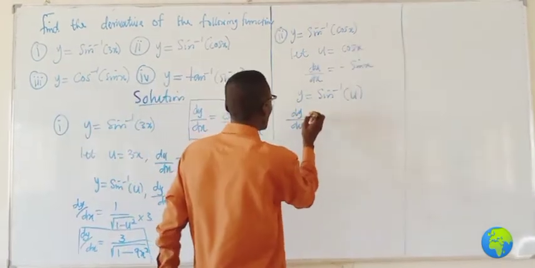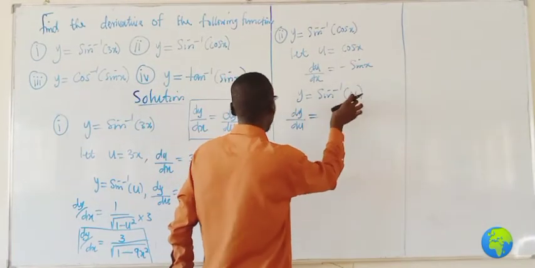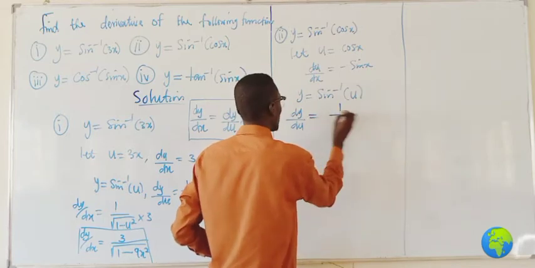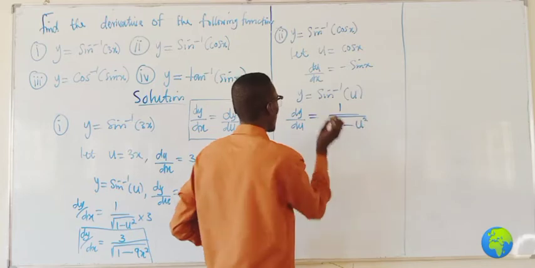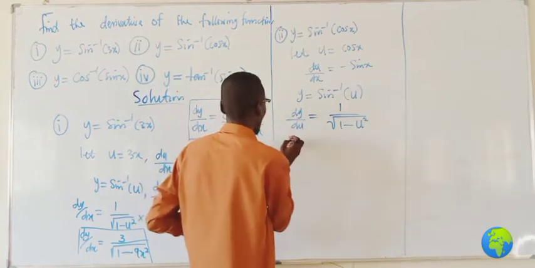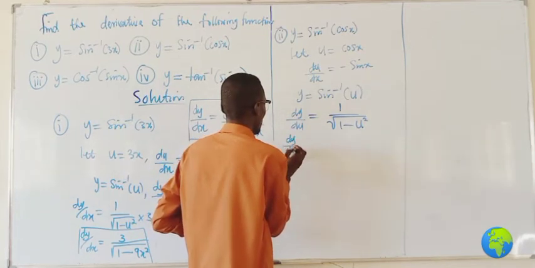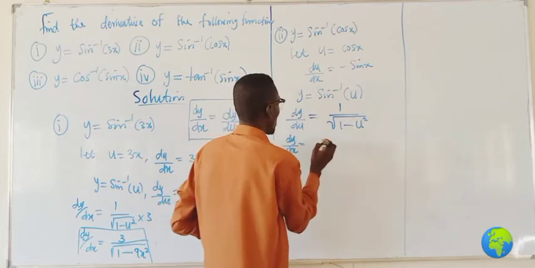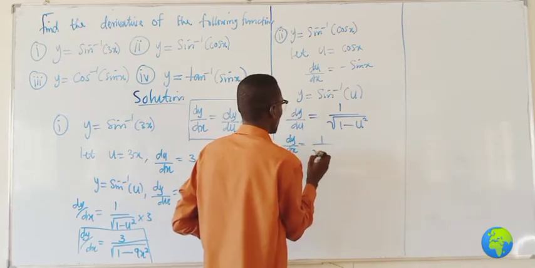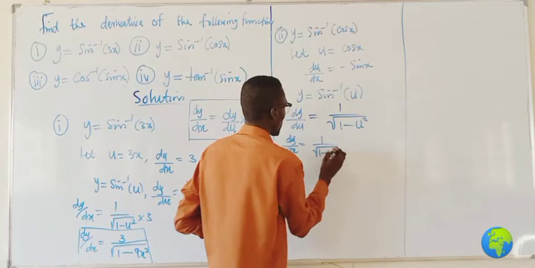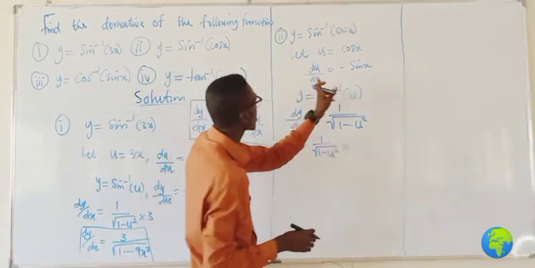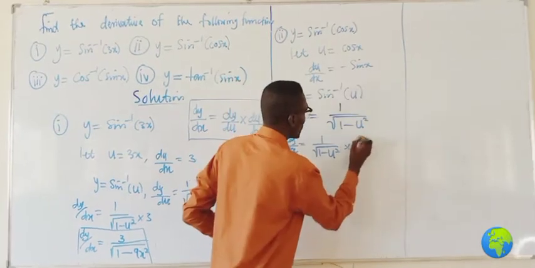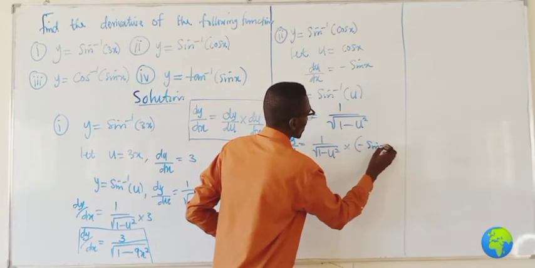So dy/du is the derivative of sine inverse of u, which we said was 1 over square root of 1 minus u squared. So I'm putting this in the formula. dy/dx equals dy/du, which is 1 over square root of 1 minus u squared, times du/dx. Our du/dx was negative sine x.